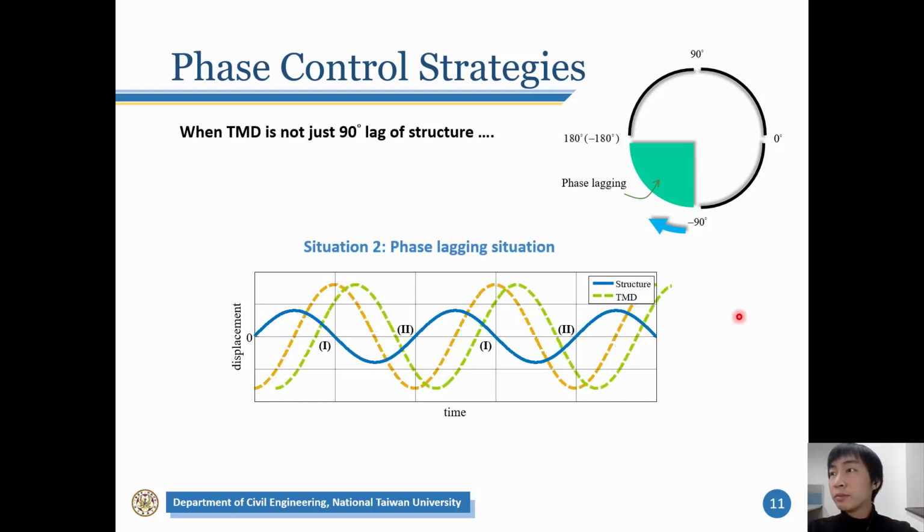Now if the tuned mass damper motion is shifting like this, which means the tuned mass damper phase is in this range, we call it the fast lagging situation, because now the tuned mass damper is running too slow. When the structure is 0, the tuned mass damper has not reached the peak yet.